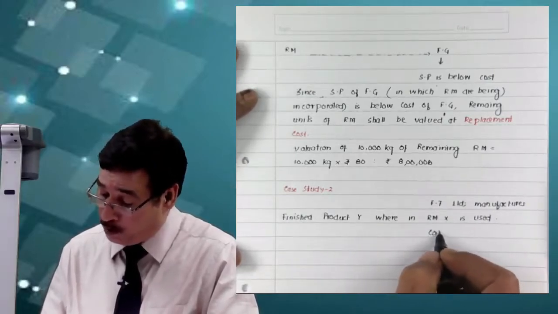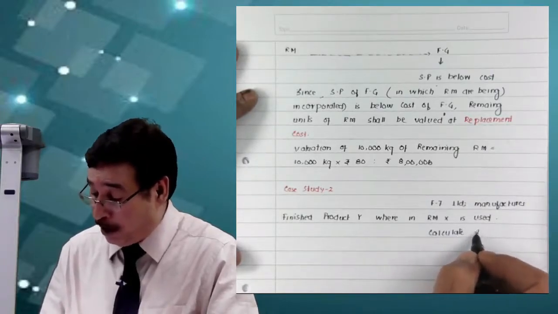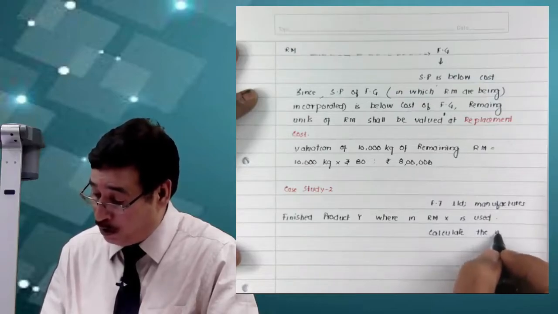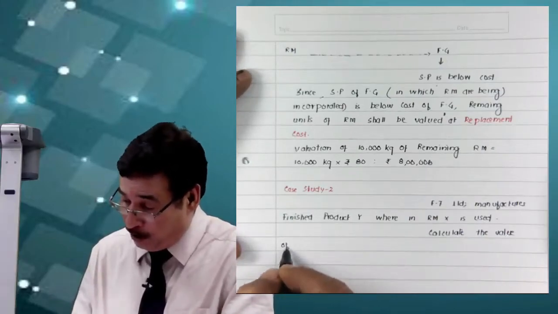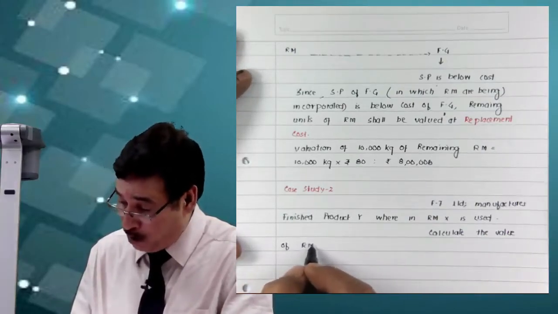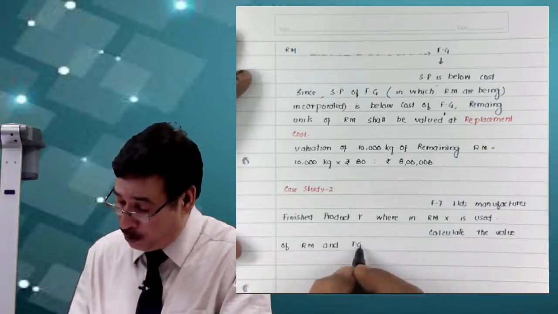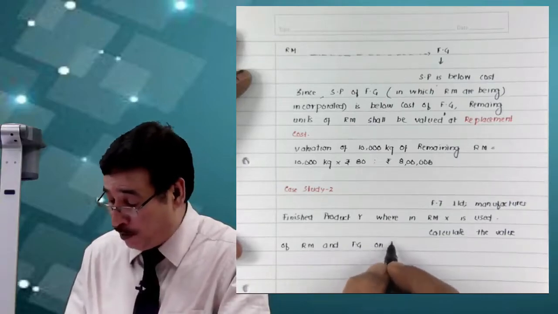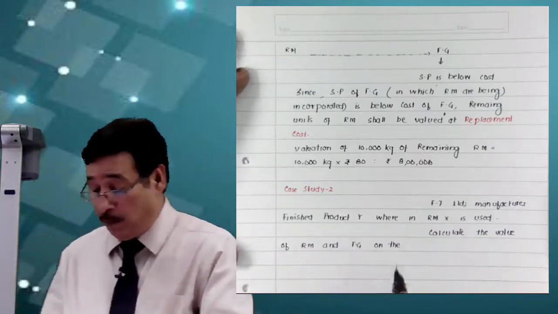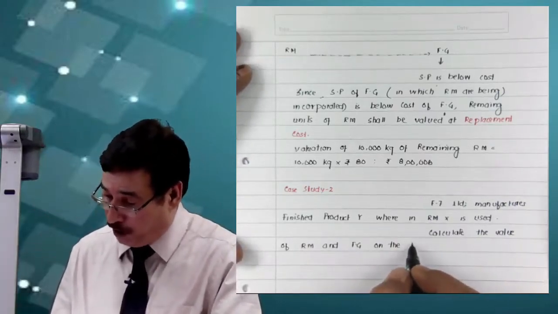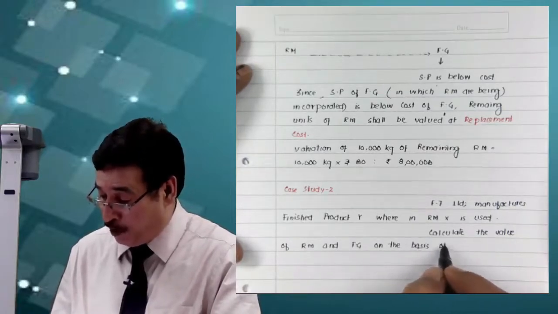Calculate the value of raw material and finished goods on the basis of the following information. So the question has asked to compute not only the value of the raw material but also of finished goods on the basis of the following information.